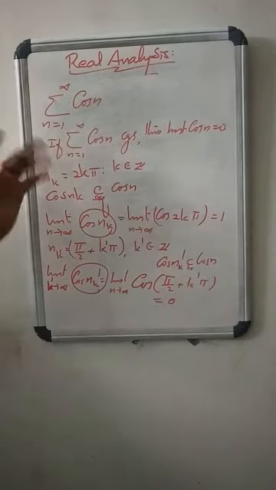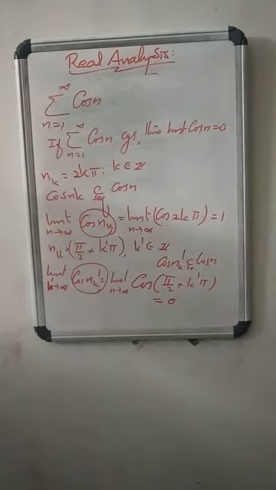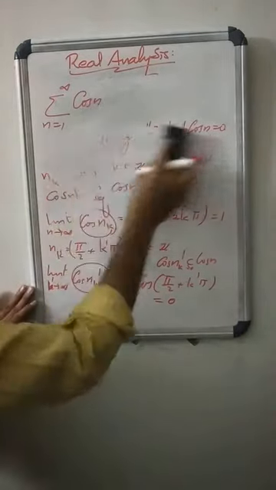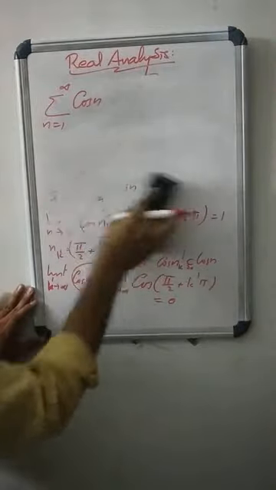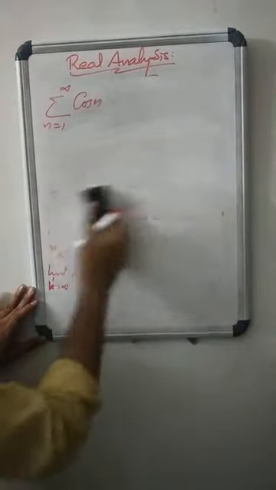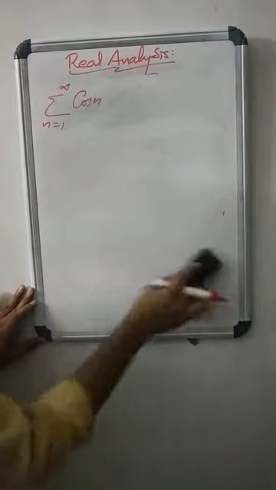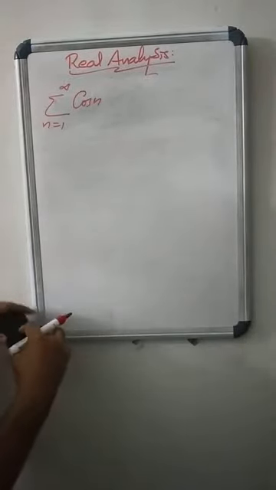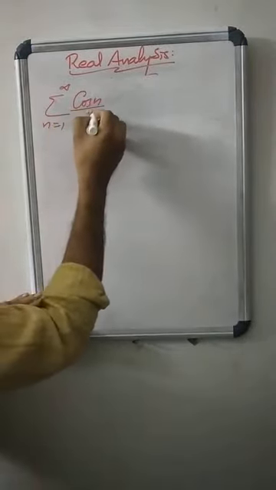That means sigma cosine always diverges. So that's an important result. Enough. Okay. What about sigma 1 to infinity cos n by n square?